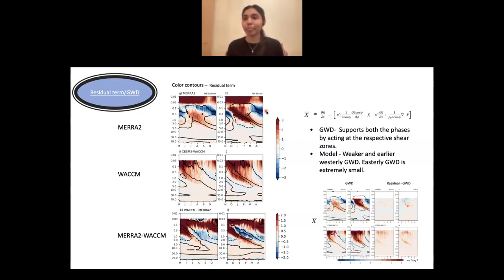In the case of VACUUM, both of these forcings are absent. So overall, it gives the same result, but there is a difference in how it is applied. In summary, both the resolved waves and gravity wave drag in the model need to be improved to get the SAO better, at least the SAO westerly phase.